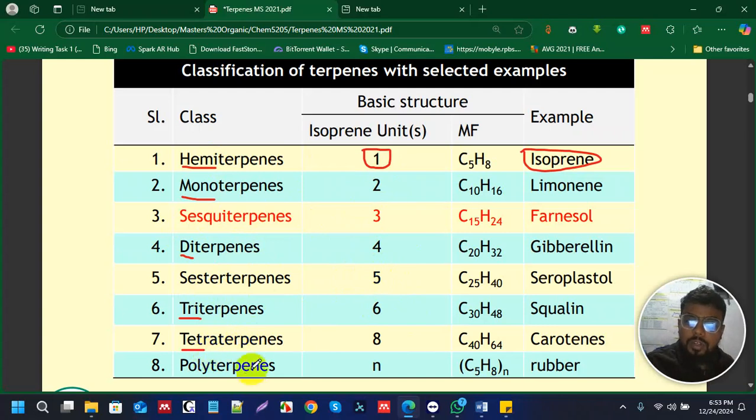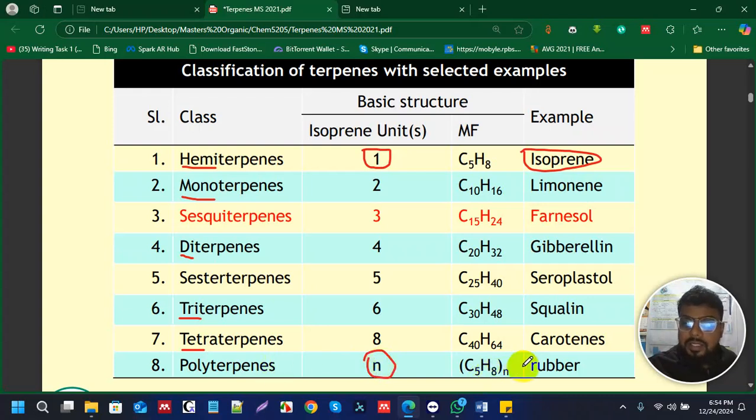And the next one is polyterpenes. Poly means many, which indicates the number n, that means a higher or larger number.